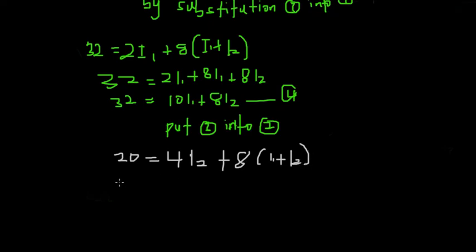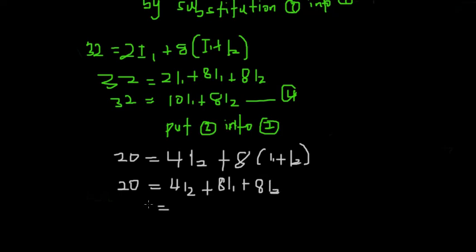From here we can further simplify this to give us 20 equals 4I2 plus 8I1 plus 8I2.